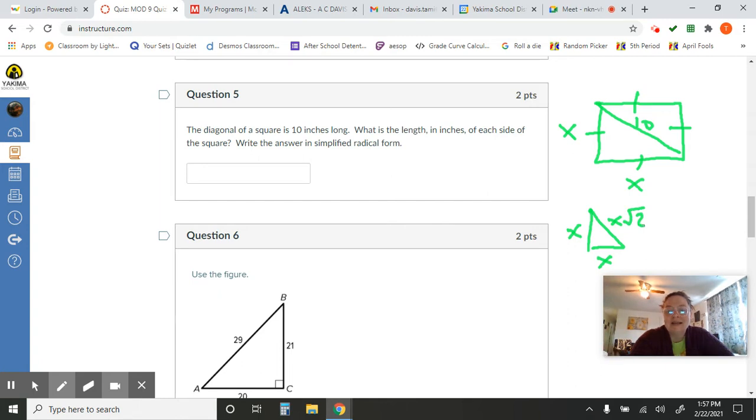So to figure out what X is, we're going to set X times the square root of 2 equal to 10. When we solve this, we will get our answer.